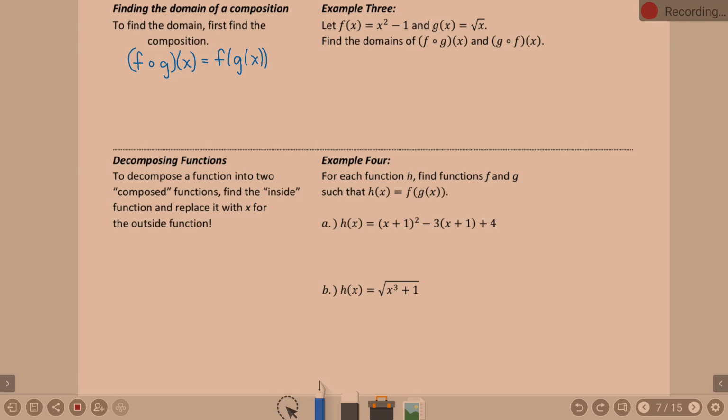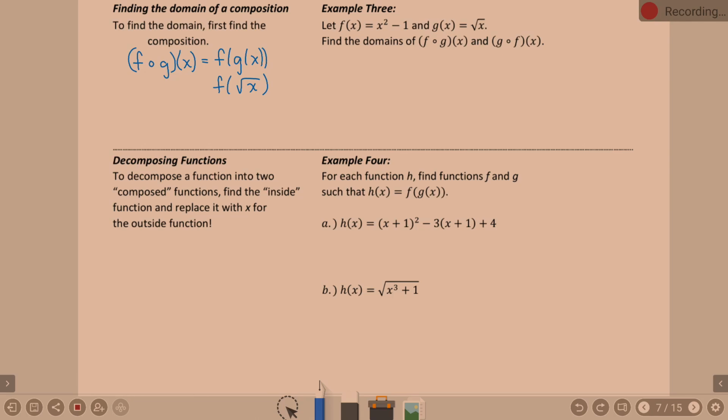And I don't know how much you want me to write out or not write out, but f of g of x means I'm going to take g and put it into f. So what is g? g is the square root of x. So I'm going to take square root of x and put it into f.